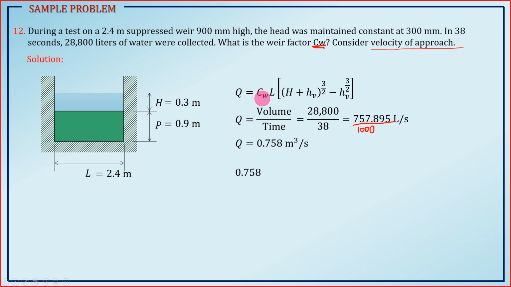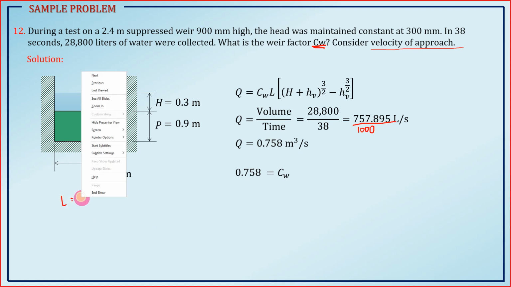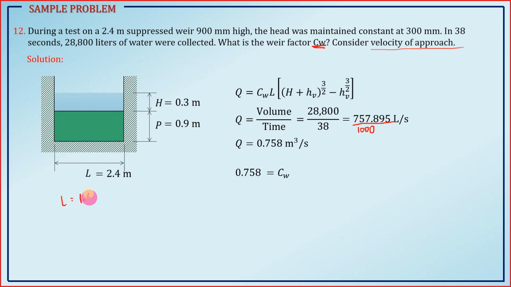Si CW, hinahanap. Kasi, what is the weir factor? So, hindi natin alam yung value ni CW. L. L is given. That is 2.4 meters. Kailangan pa bang baguhin using the equation na L is equal to 1.4 minus 0.1 NH? Kailangan pa ba itong equation na to? Hindi na, because that is suppressed weir.